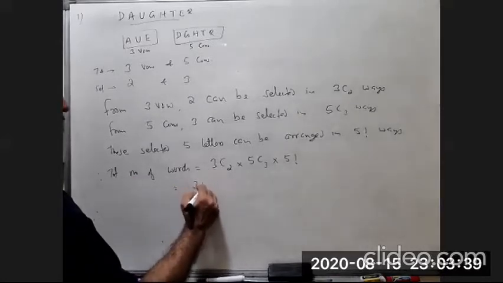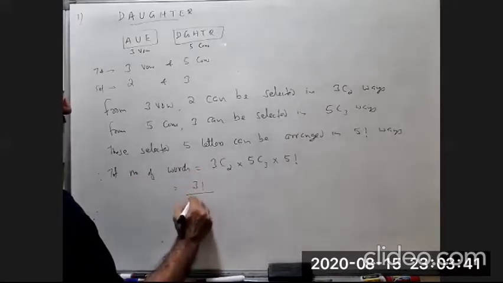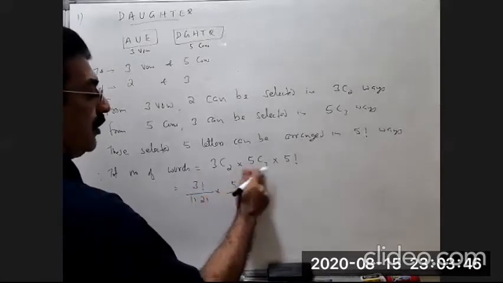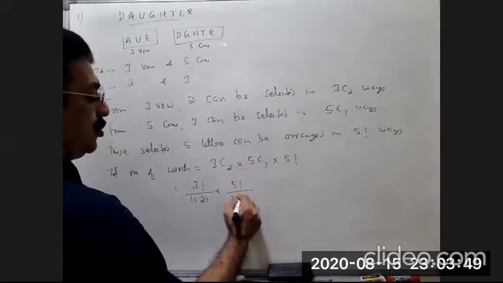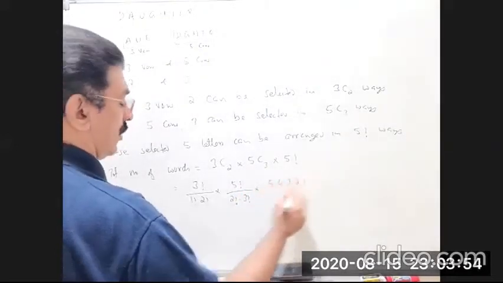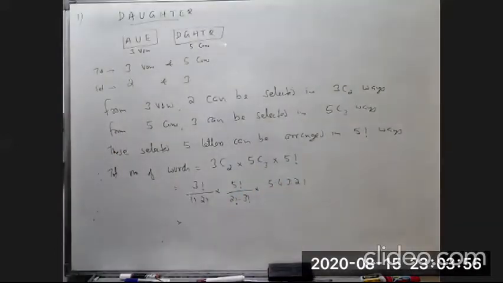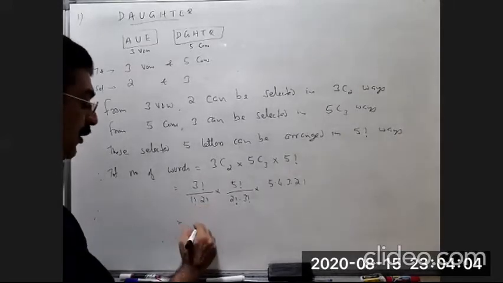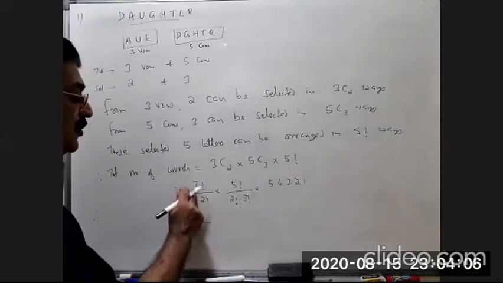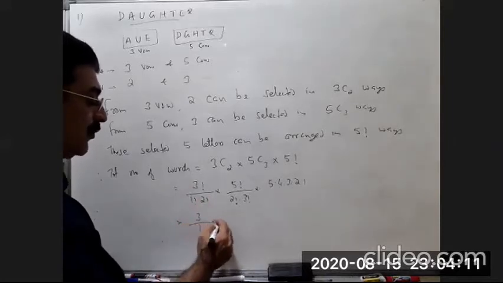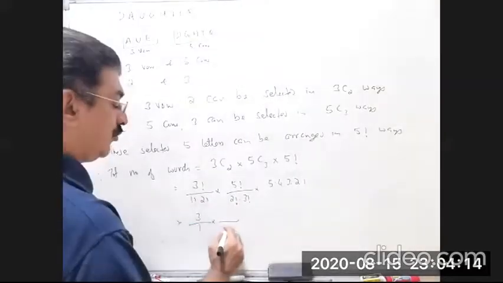So 3C2 means 3 factorial by (3 minus 2) factorial, 2 factorial; 5C3 means 5 factorial by (5 minus 3) factorial, 3 factorial; and 5 factorial is 5, 4, 3, 2, 1. Again, evaluation of this factorial. Denominator, you will see the smaller one. So it is 1 factorial, that is 1. Numerator, starting from this number, we will write as many factors as in the smaller one, 2 factors.